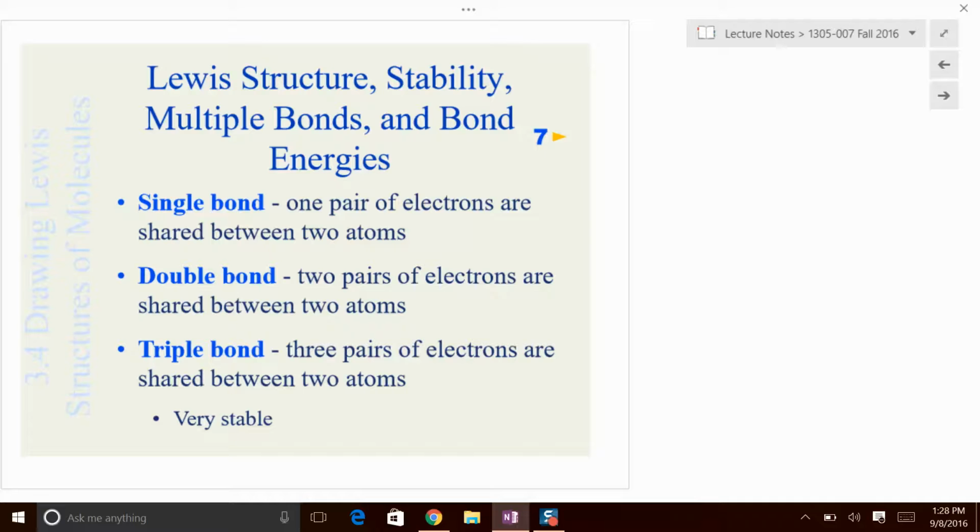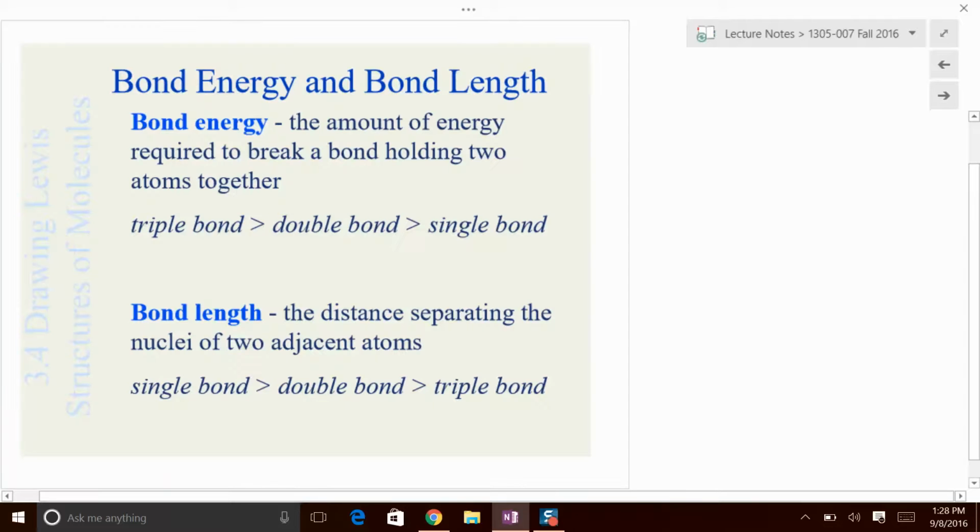A single bond would break more easily than a triple bond would. Right? And that has to do a lot with the bond length. So the bond energy, most energy to break it, triple bond; single bond, least energy. The bond length, single bond is the longest. Triple bond is the shortest. That makes sense? Because the longer it is, the easier it is to break. The shorter it comes together, it's harder to break. Okay? So that's how these come together.